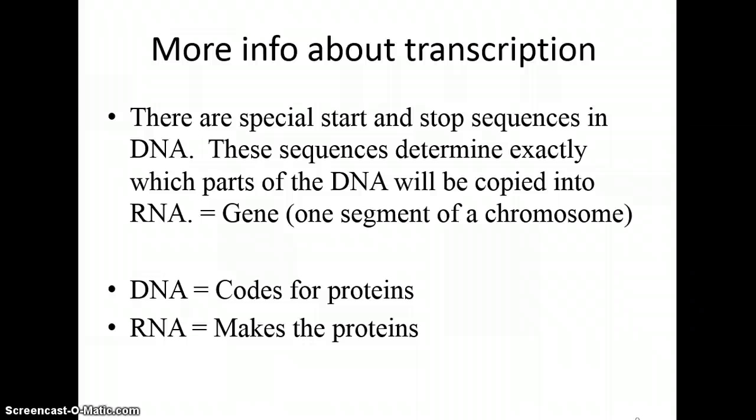It's only segments of your DNA that code for something. So your DNA has to know exactly when to start, and it will read it, and stop. It gives it to the messenger RNA. The messenger takes off to the ribosomes to make the proteins. So DNA codes for proteins. RNA actually makes the proteins.